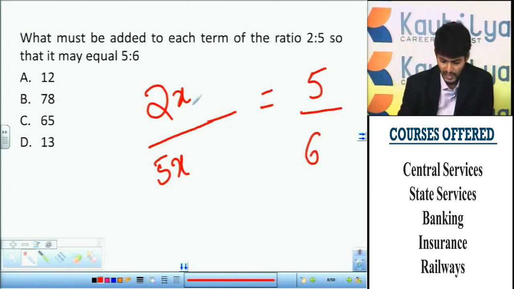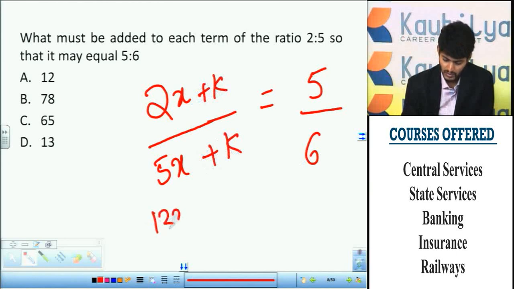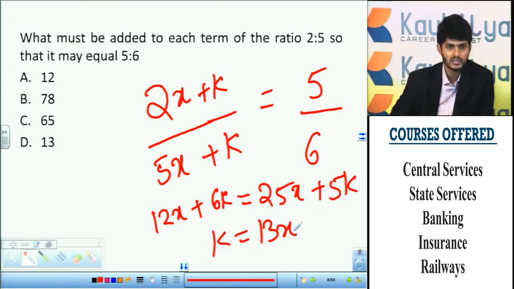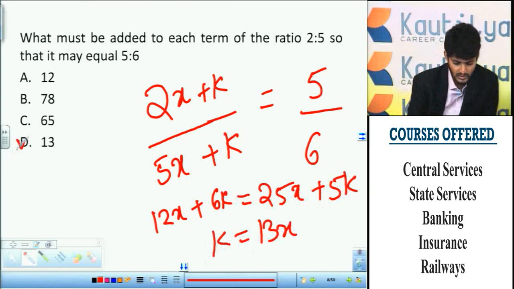Let us say I'll add some k to these values. Now you can do cross multiplication. 12x plus 6k would be 25x plus 5k. So 6k minus 5k, k, would be 13x. That means you are adding 13 to these two numbers, so the answer would be 13 in this case.